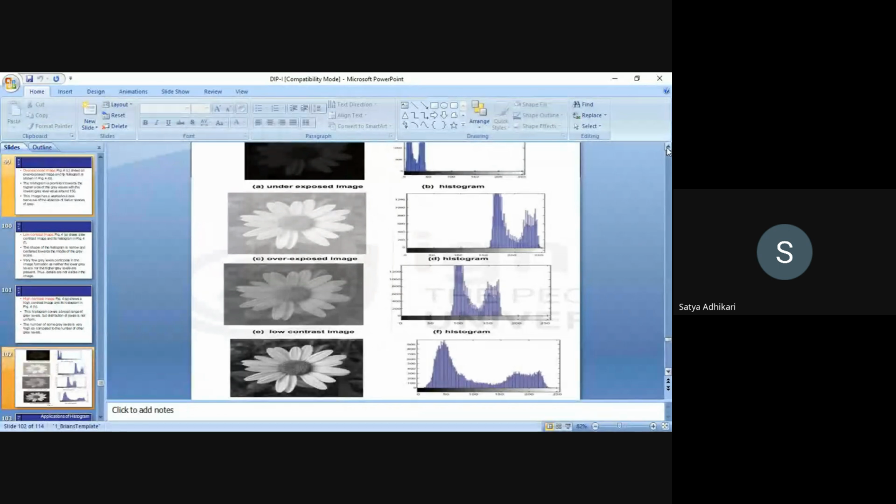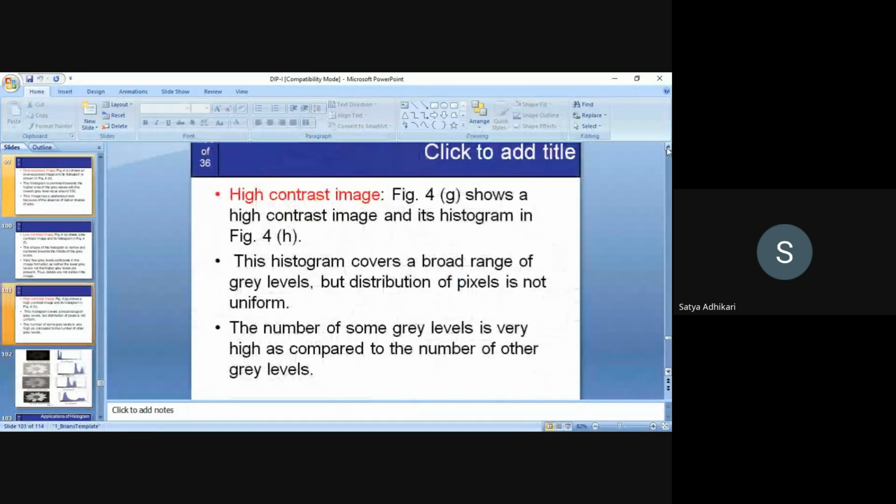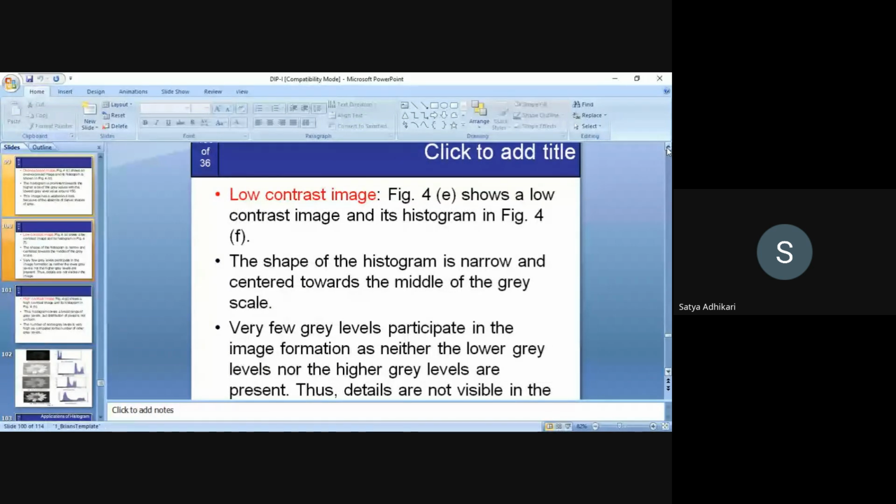So let us discuss the fourth one. You see, this is a low contrast. The shape of the histogram is narrow and centered toward the middle of the grayscale. Very few gray levels participate in the image formation, as neither the lower gray levels nor the higher gray levels are present. Thus, detail is also not visible.